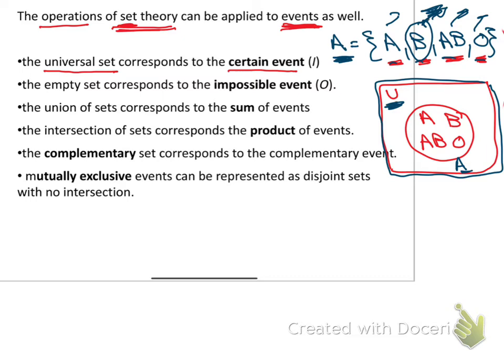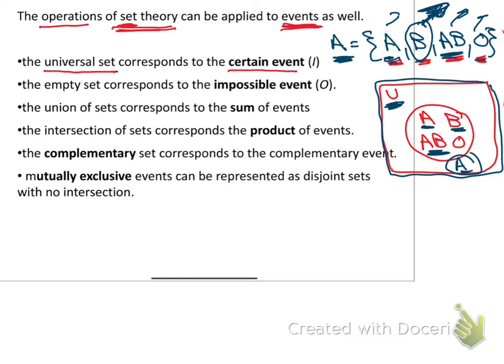So if I withdraw a person who has blood group B, they will exist in the universal set. If I withdraw AB, it also exists in the universal set. If I withdraw A, it also exists in the universal set, because the universal set covers set A or any other set. So it is certain that no other person in the world will have any other blood group apart from these 4 groups.